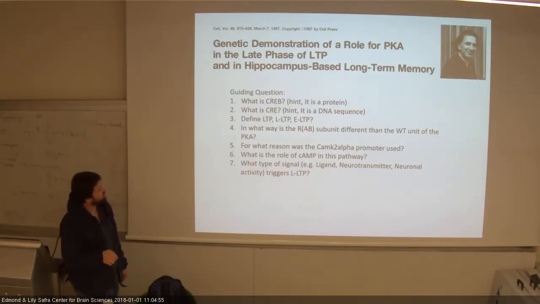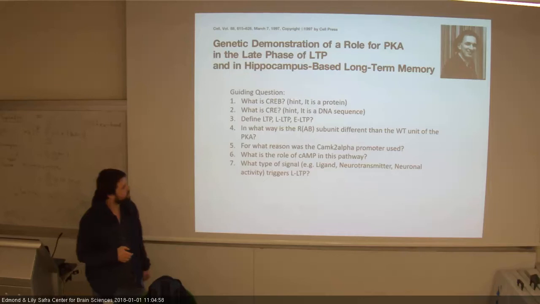And in what way is the RB subunit different from the wild type unit of PKA?